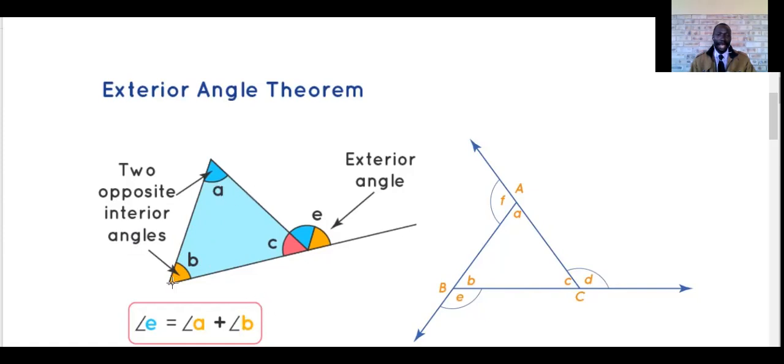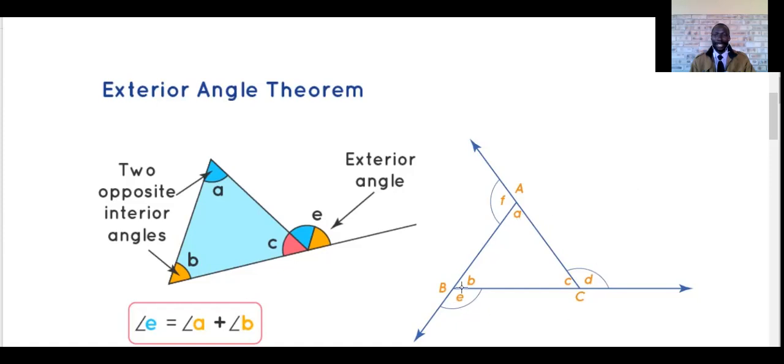These angles A and B are interior angles and they are opposite to this other angle E. So the sum of any two interior angles must add up to one opposite exterior angle, meaning if we add A to B in the first diagram, we must get E. In the second diagram, if we add A to B, we must get D. Now, if we add B to C, we must get F. If we add C to A, we must get E. You see how rotational it is?